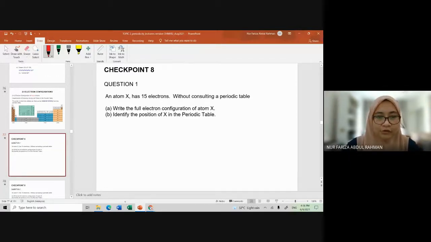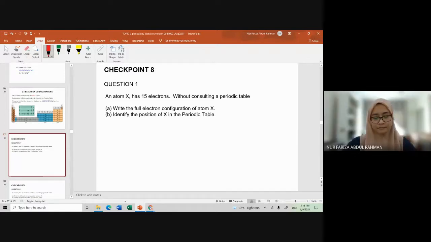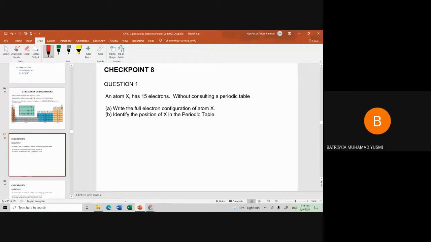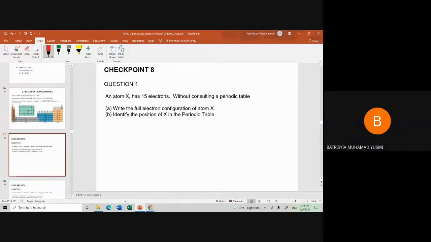Can you please read out your electron configuration for me?